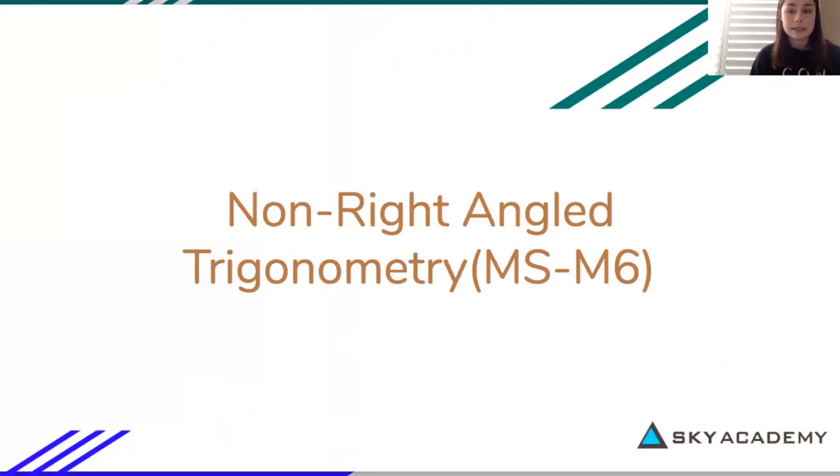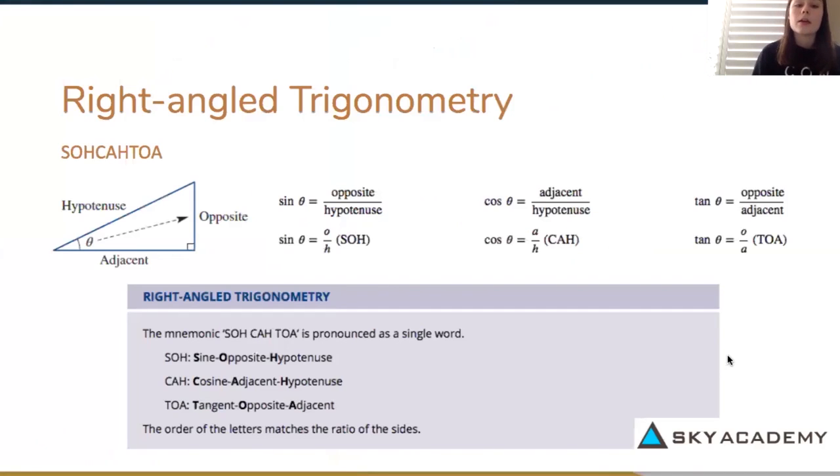Ironically, to start though, we're going to be talking about right angled trigonometry, which is just revision and a foundation for non-right angled trigonometry. So hopefully you have all heard of SOH CAH TOA, which is just a helpful way of remembering the three formulas here, 1, 2, and 3.